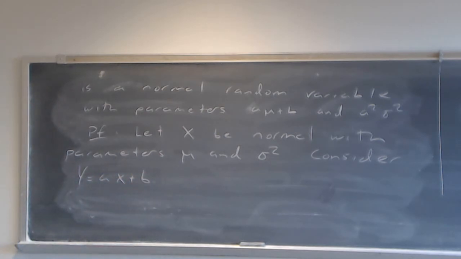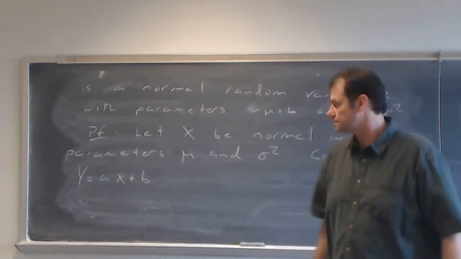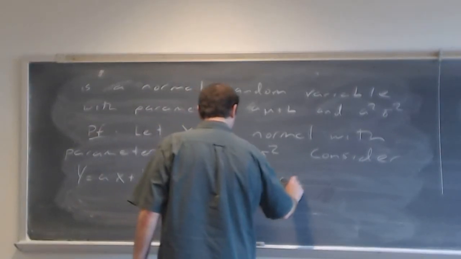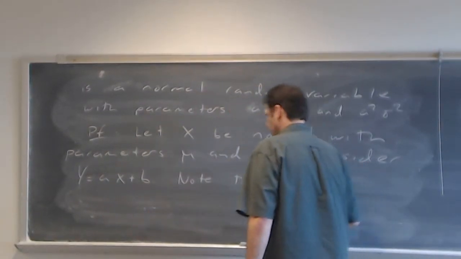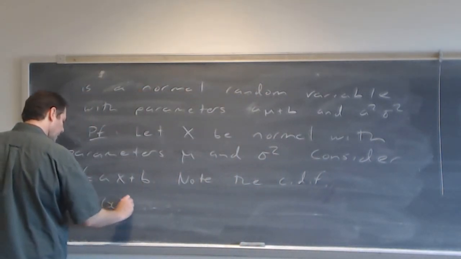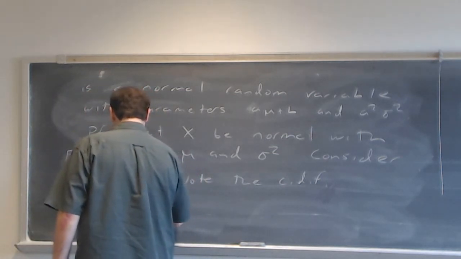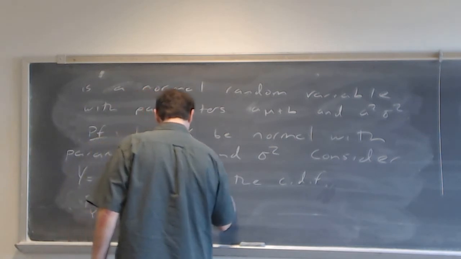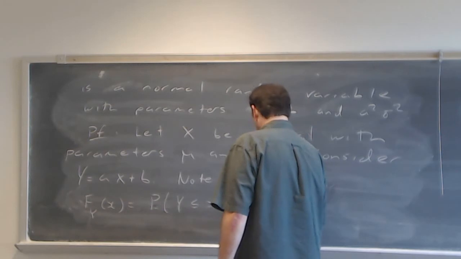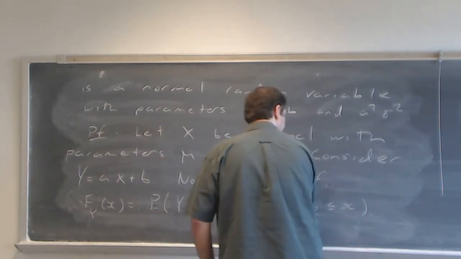Now what I'm going to do is look at the CDF of y. So note the CDF of y, cumulative distribution of y, I'm going to call it big F sub y of x. What's that equal to? That's nothing more than the probability that y is less than or equal to x. And that's equal to the probability that a times x plus b is less than or equal to little x. Let's concentrate on that.